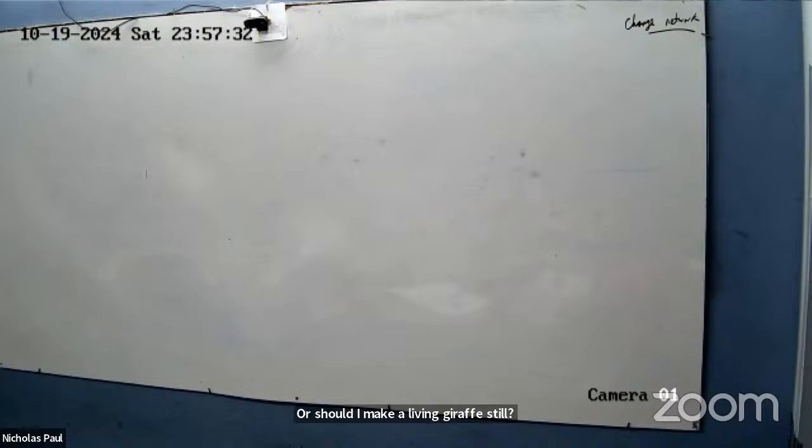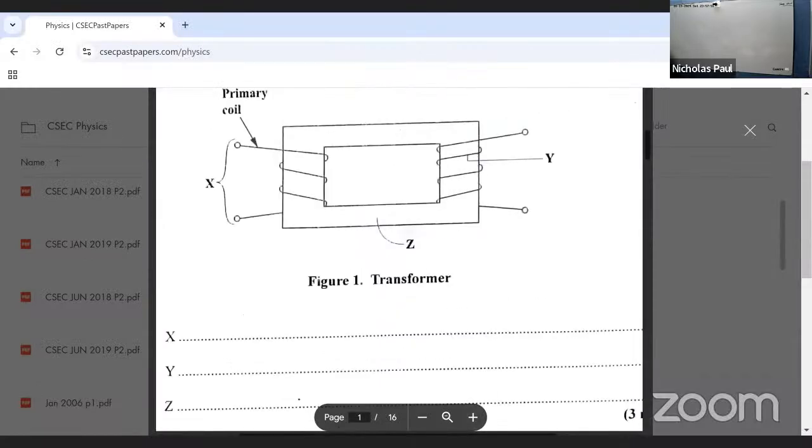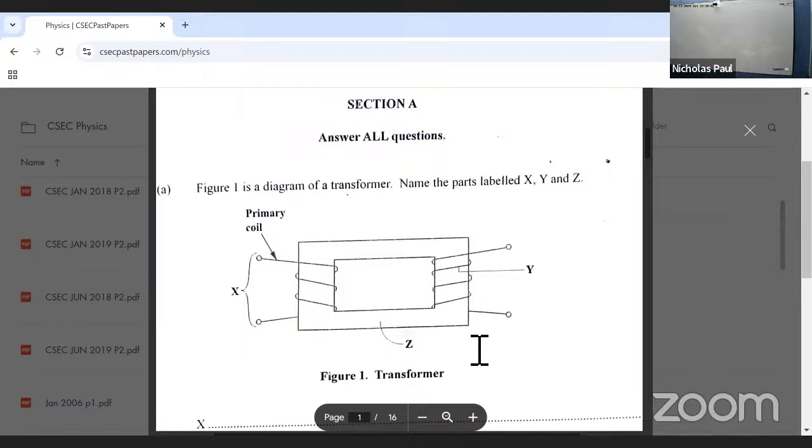Draw a diagram and label it. What year is that? 2018.